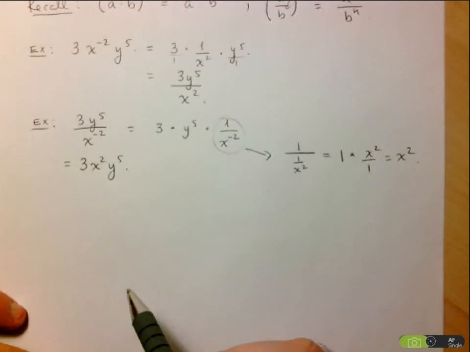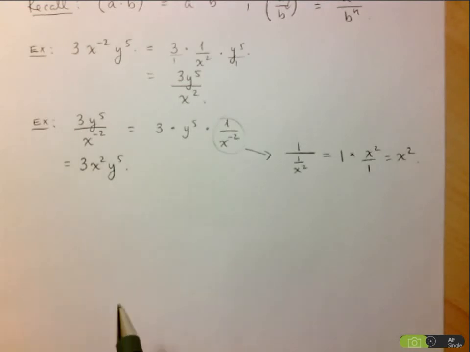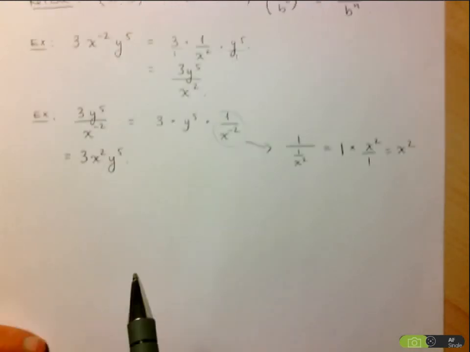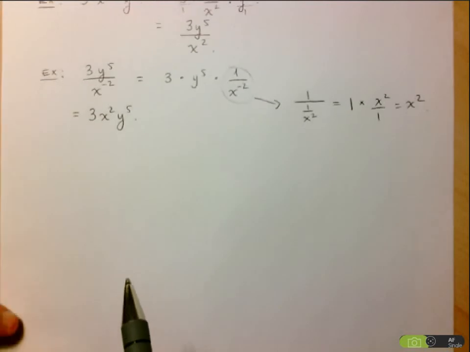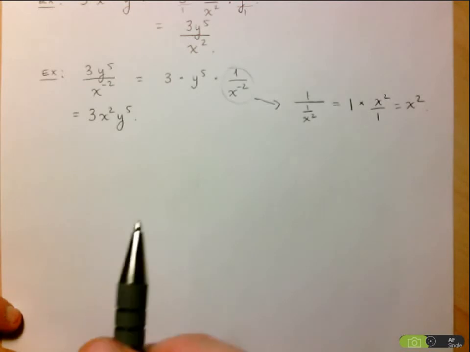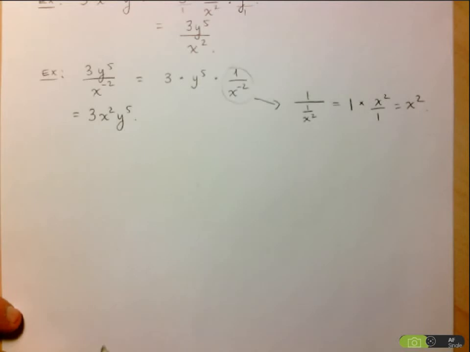Okay? So another convention that we tend to follow has to do with the last thing we saw in the other video, which is that when we have fractional exponents, we don't leave them in fraction form. We'll always write them in root form.